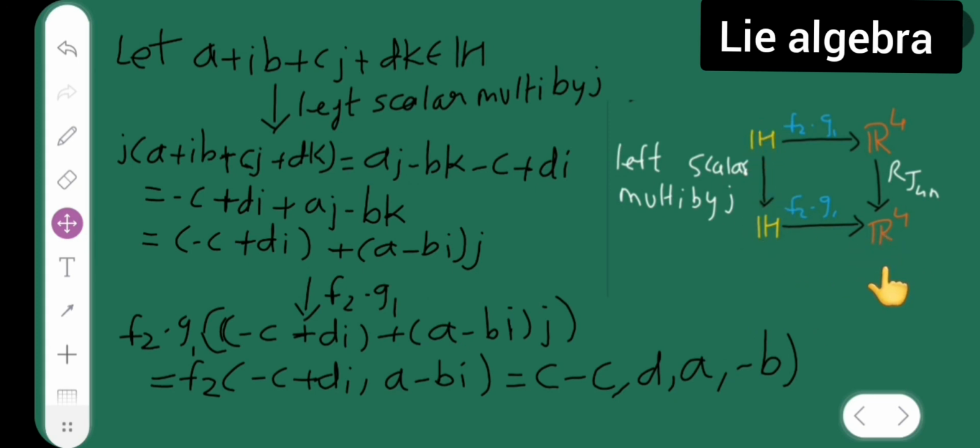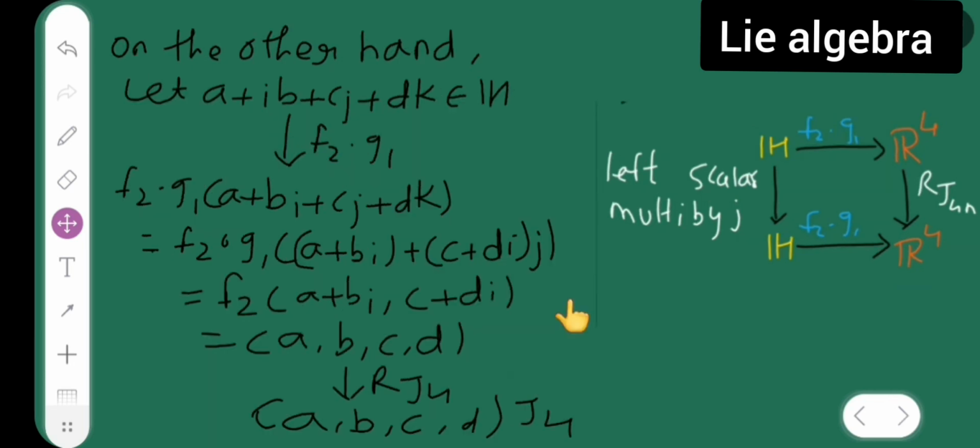This is the end of my path 1, and now path 2 will start from here and I have to reach here, from this side. So let A plus IB plus CJ plus DK belonging to H, then F2 into G1, then F2 into G1 into this you have to do. Now this into this is nothing but F2 and this is A plus bi comma c plus di.